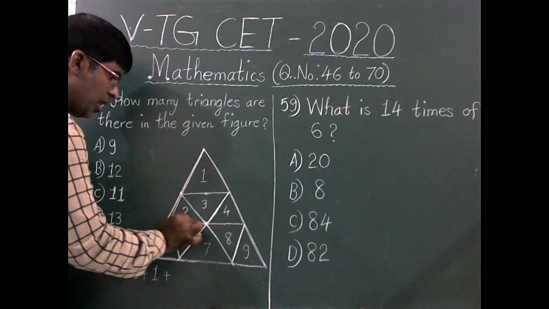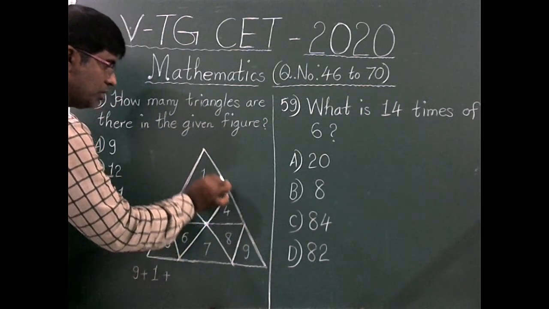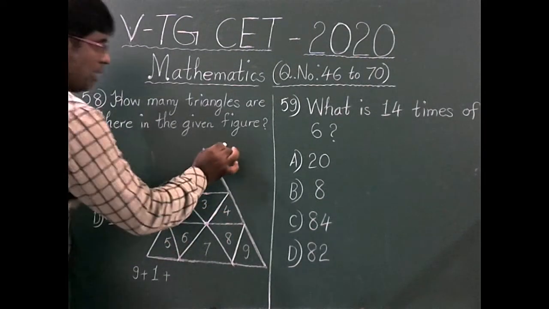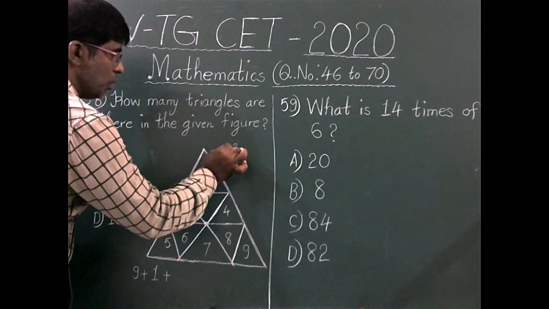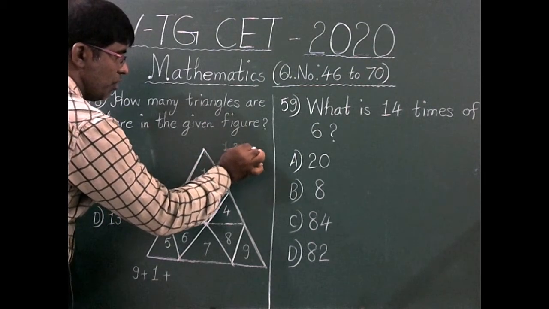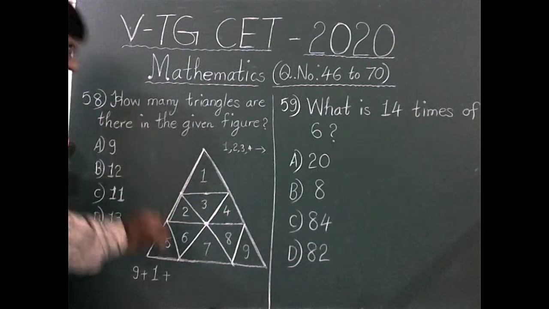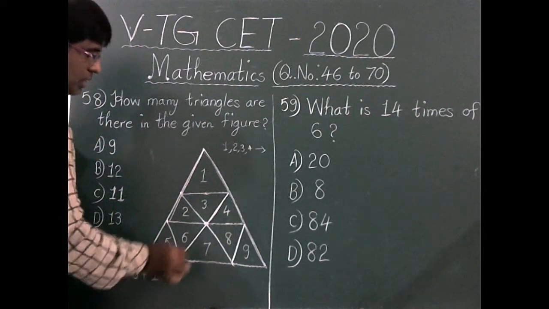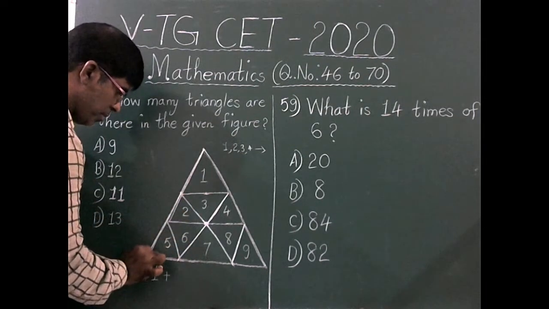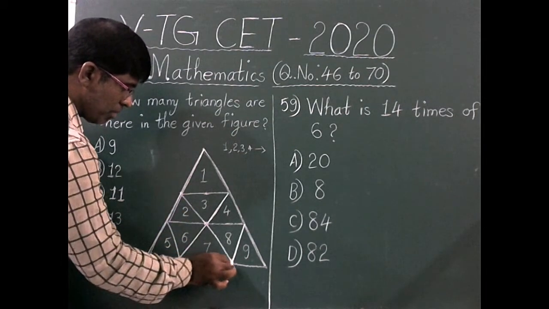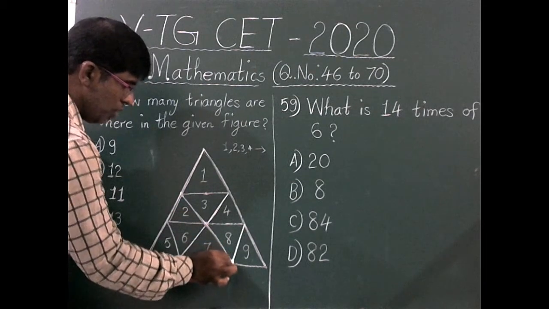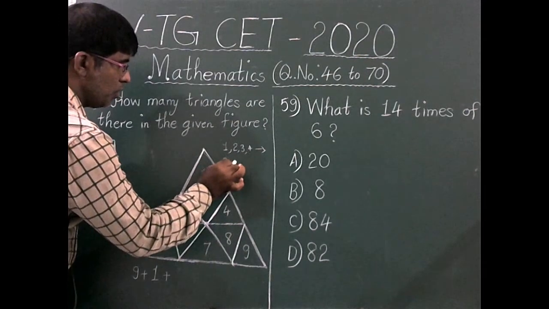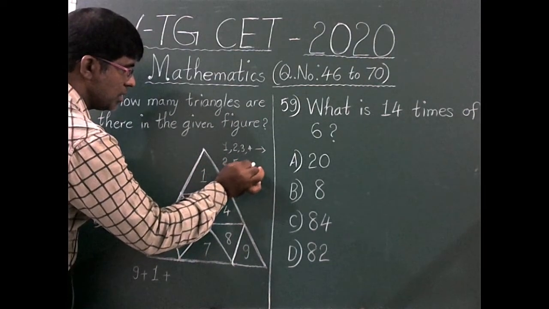this is one of the triangles: 1, 2, 3, 4 makes one triangle. Next, this is also one of the triangles: 2, 5, 6, 7.